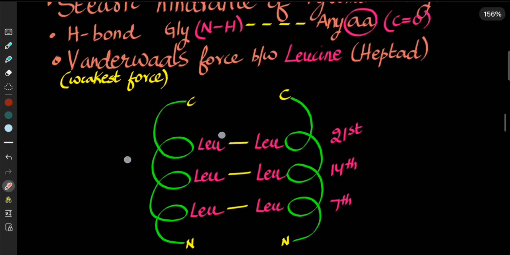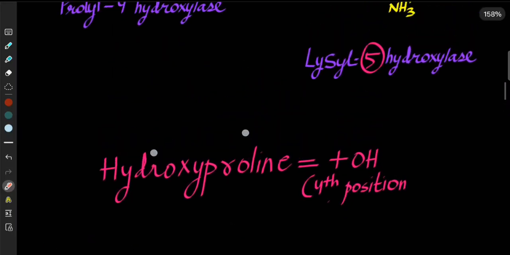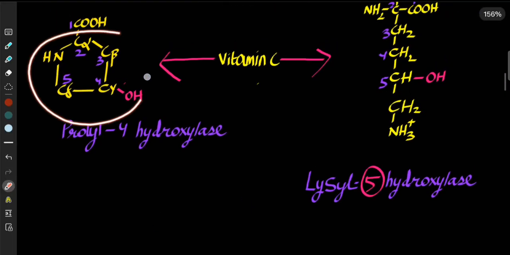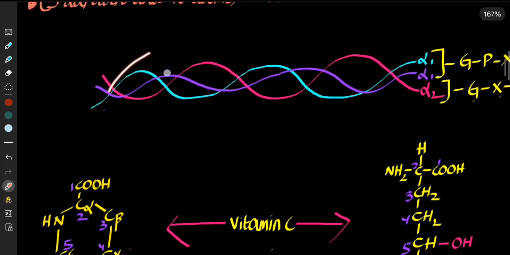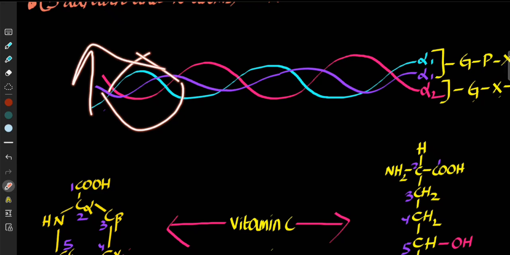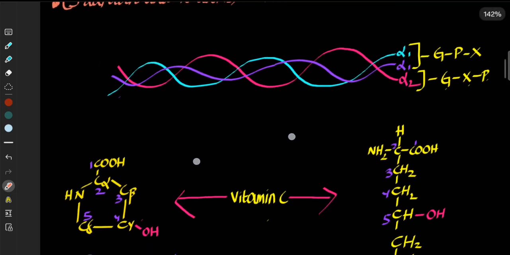So this is the pyrrolidine ring that we talked about, a big chunky structure, and it's going to go in the opposite direction, and then the same COOH will be there, and you'll have a ring structure as well, and this will go in this direction, and finally it'll cancel out, right?